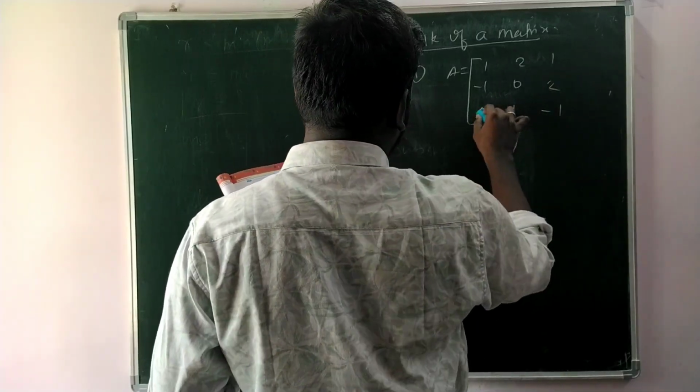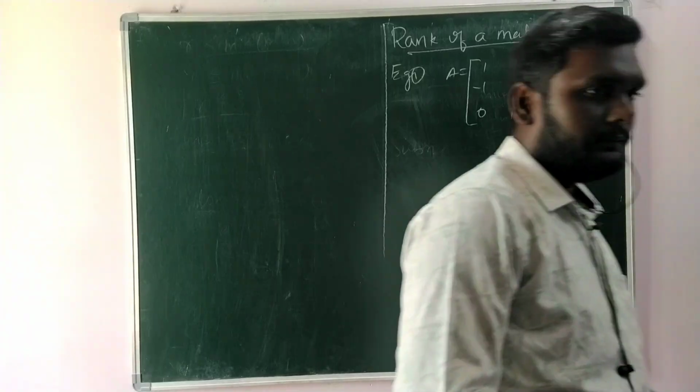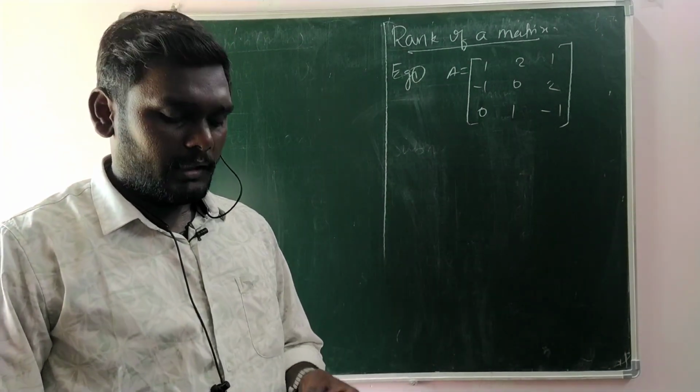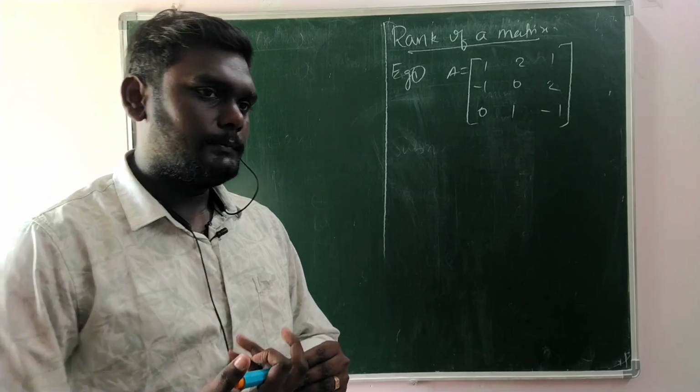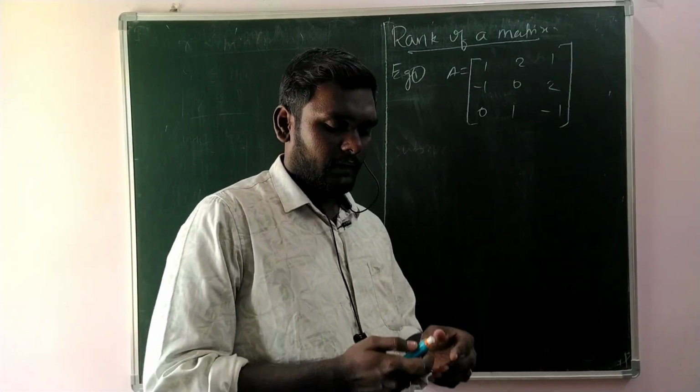Sorry, 0, 1, minus 1. I think we have already solved this question in the previous class. We have taken the determinant and it became non-singular. You check it. Then the rank is 3, like we decided, right?